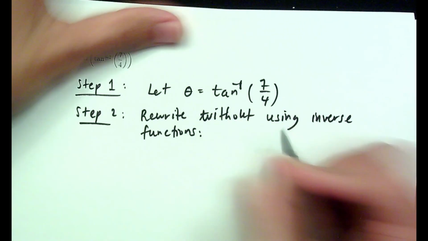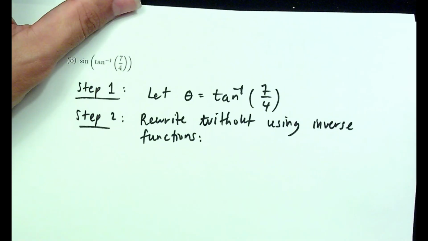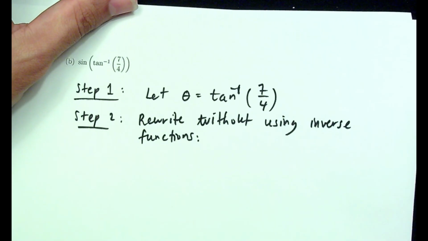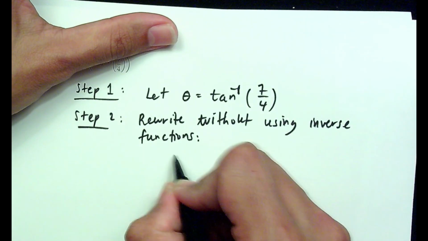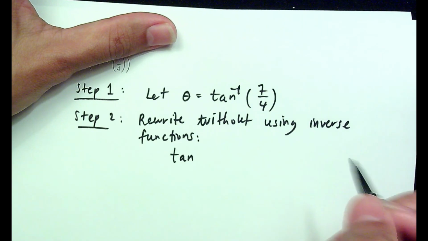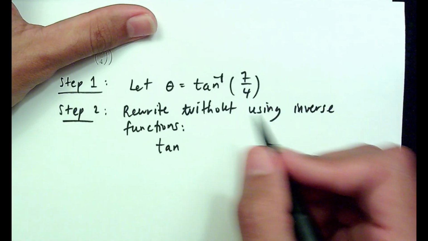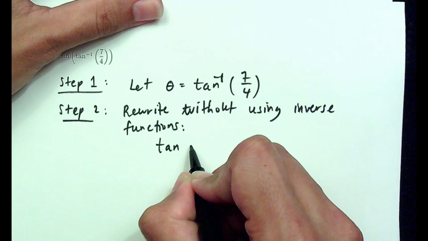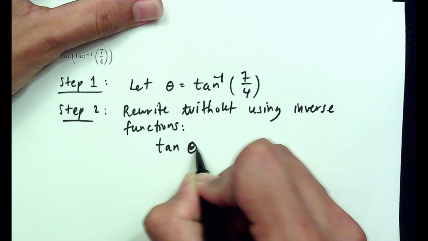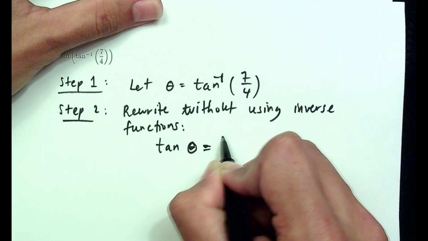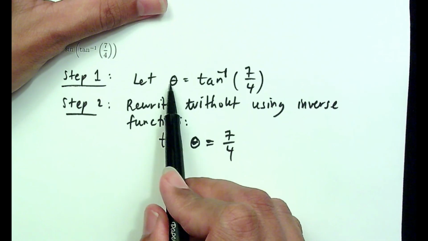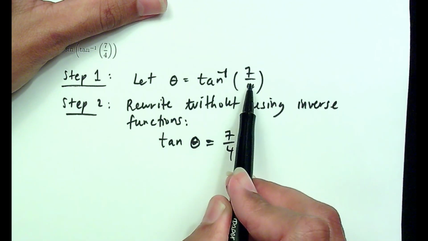So I want to rewrite that equation without using inverse functions. That means I want to use regular tangent. If I use regular tangent, this becomes tangent of theta equals 7/4. The output becomes the input, the input becomes the output.